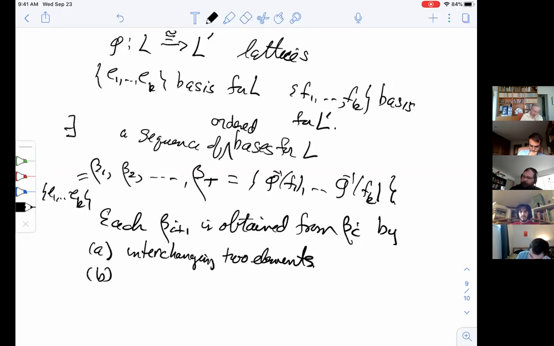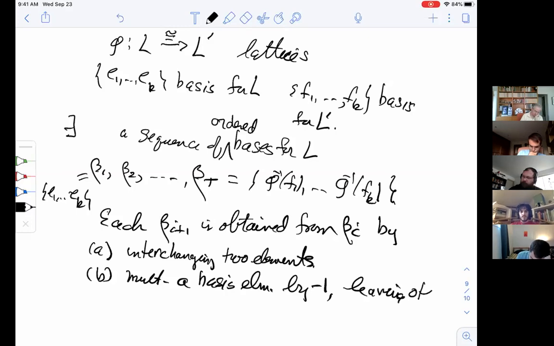So you just interchange their labels. Two, multiplying a basis element by -1, leaving the others the same. So we can switch the basis. It's an ordered basis. We can permute them around arbitrarily. We can also multiply any basis element by -1 if we want. And lastly, we can add to E1 any multiple of ER and leave the others the same.